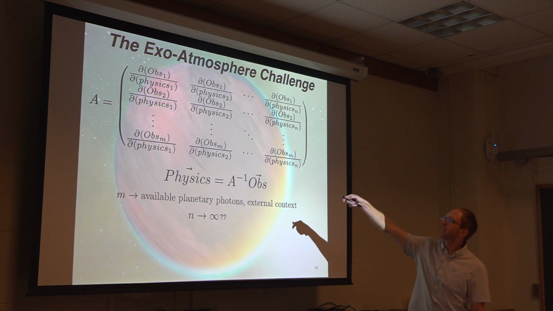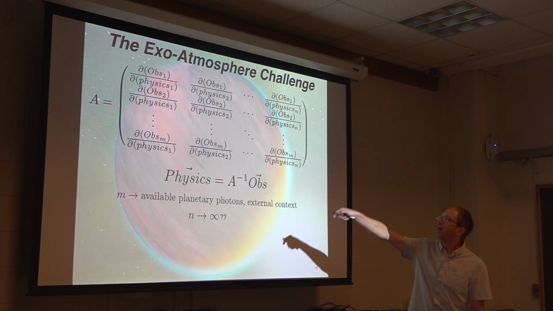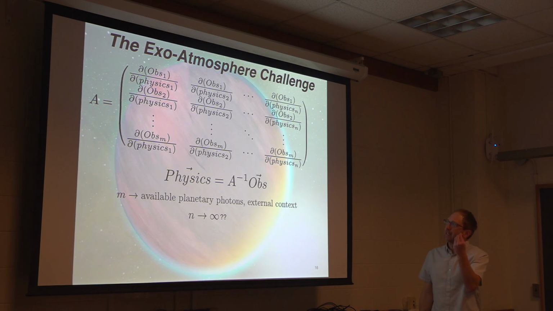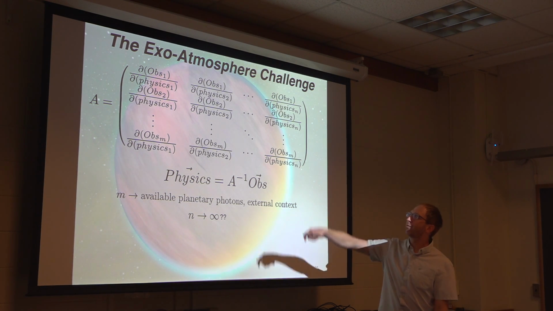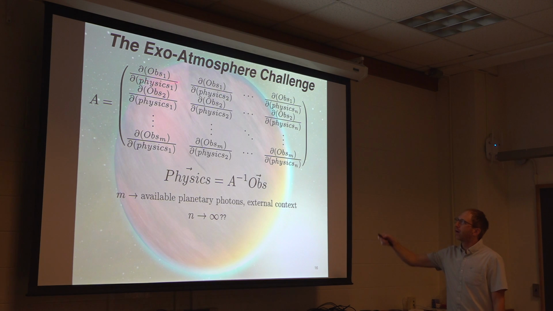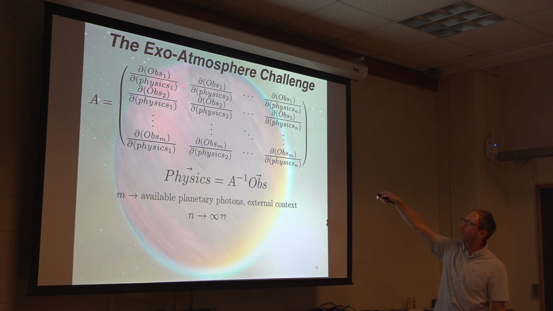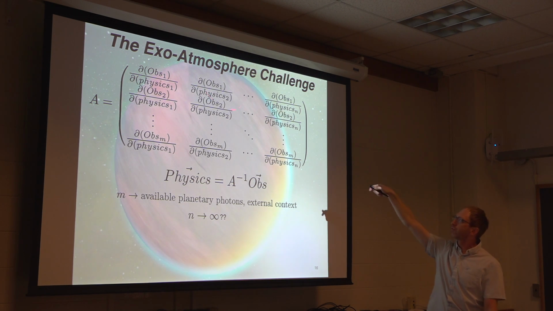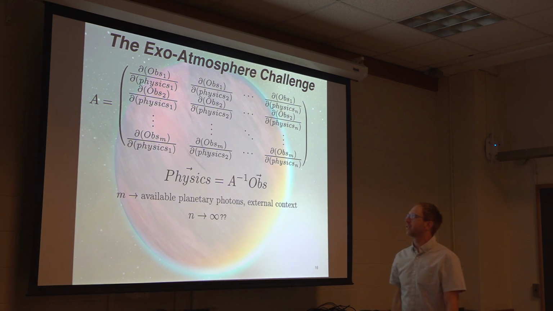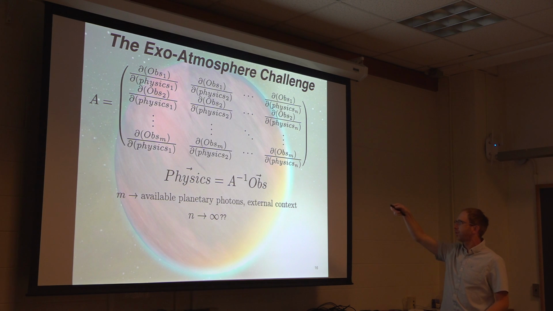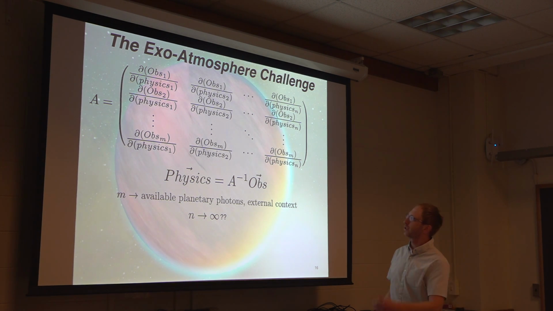If I want to know this physics 1 right here, what set of observations should I obtain that gives me my biggest bang for my buck? Then for any given observation, this is where the degeneracy comes in, there's a boatload of physics that can control those observations. So there are all sorts of off-diagonal terms here. That's what makes this problem really hard.